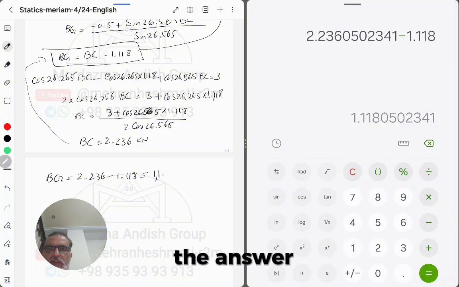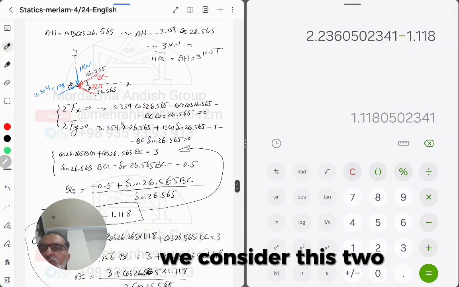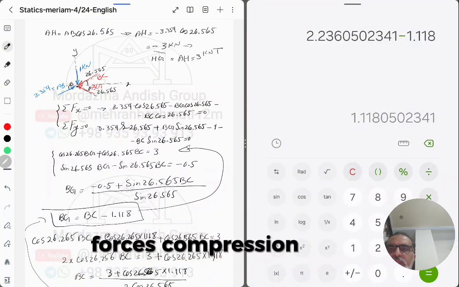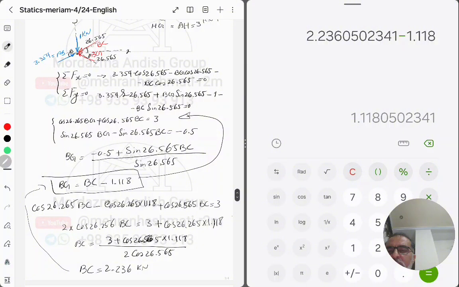The answer is here. So we consider these two forces compression, and we find positive magnitudes.